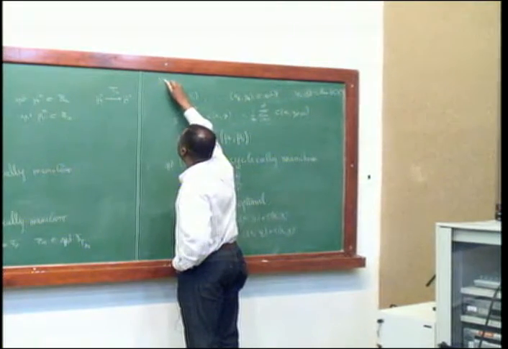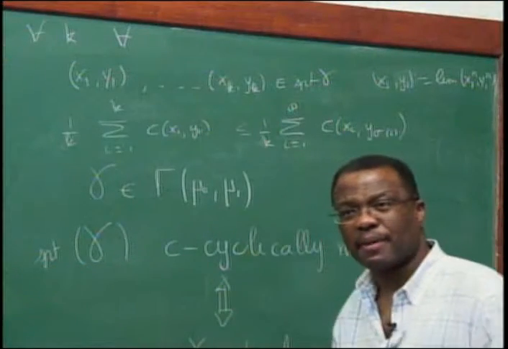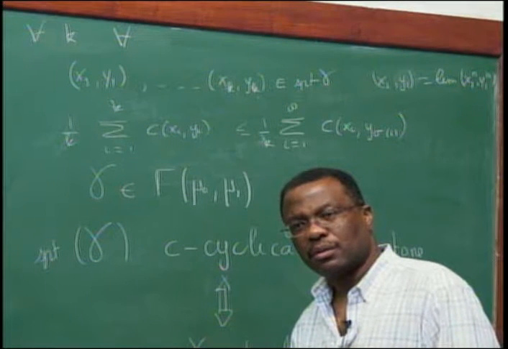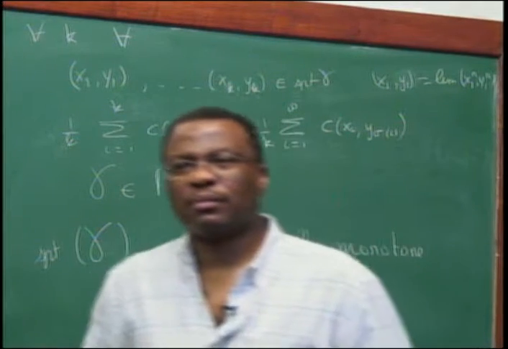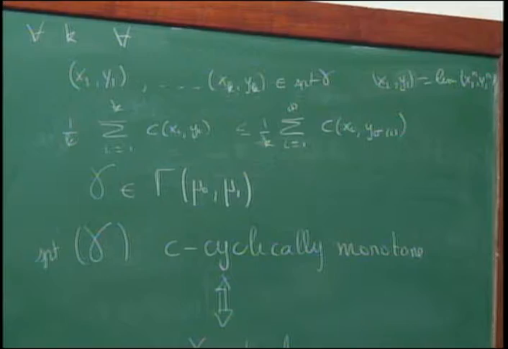For every k and every si, there is nothing about the mass of gamma. So you just need to take the arithmetic mean, and then you characterize it that way.